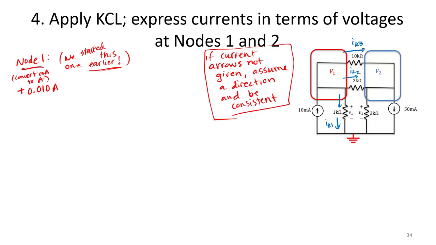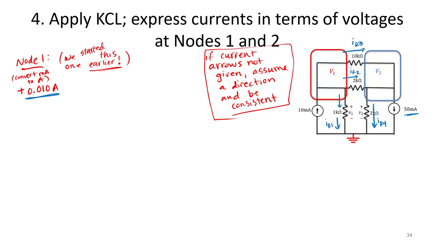I'm also going to assume IR4, the current exiting node 2 on the bottom, and we have a 50 milliamp source given for the rightmost source. So for node 1, we know we have 10 milliamps going in, or 0.01 amps.